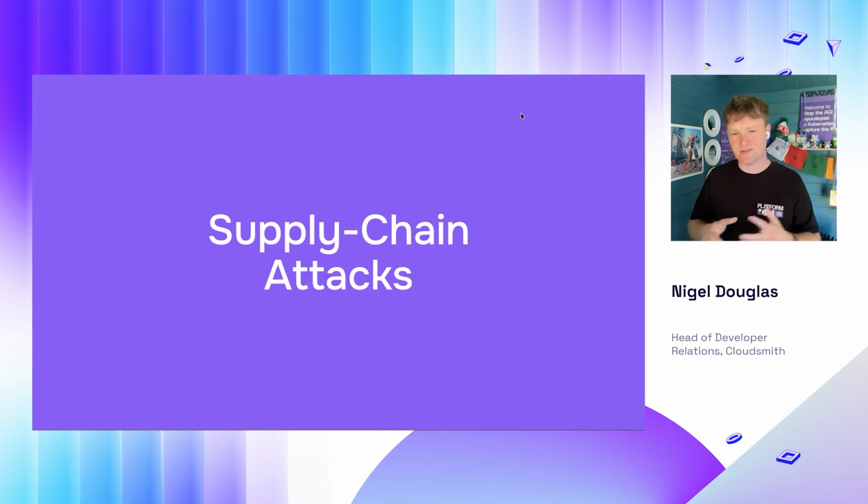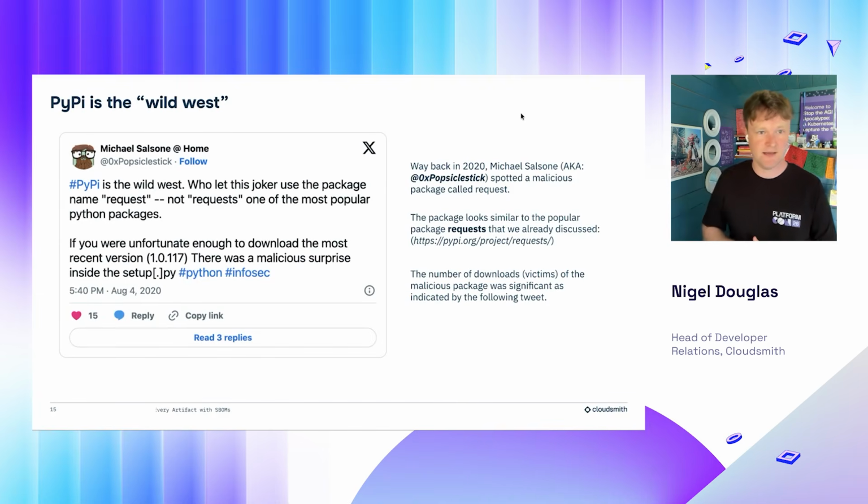Now, you've probably noticed, if you're in the software industry, the last month has been pretty brutal as far as supply chain attacks. They seem to pop up just about every single day. Here's a tweet by Michael Silsoni. It was some time ago, but he was basically describing the whole NPM and Python ecosystem as sort of a Wild West right now.